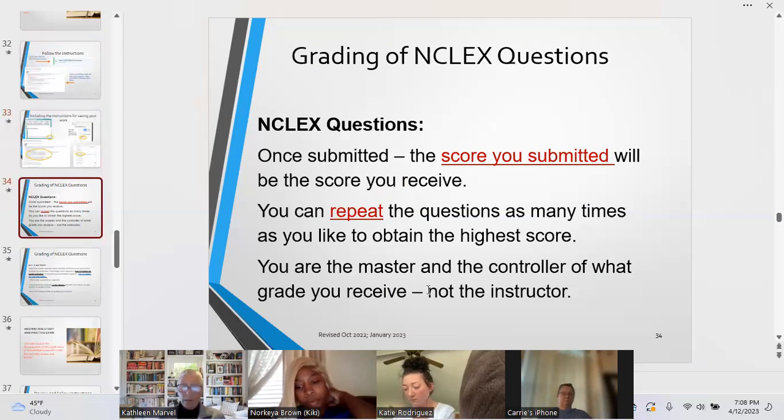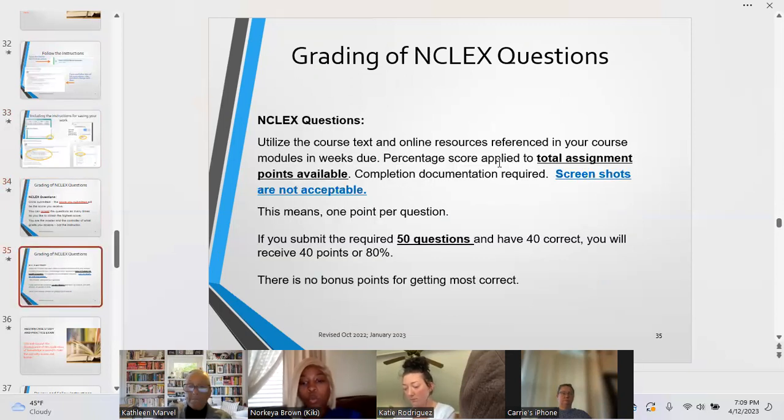And here is my mantra: you can repeat it as many times as you want, but you can only submit it once. I can't accept PDFs for anything, especially NCLEX. Let me take that back: I can't accept a screenshot of anything, including a screenshot of a PDF for NCLEX.